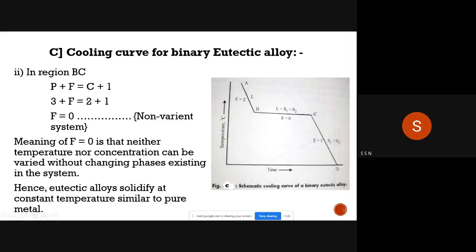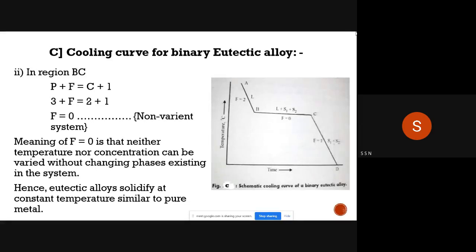As the temperature increases, the phase from liquid plus solid 1 plus solid 2 will change to liquid. And as the temperature decreases, the phase from liquid plus solid 1 plus solid 2 changes to solid 1 plus solid 2. That's why F is 0 here, similar to the pure metal.